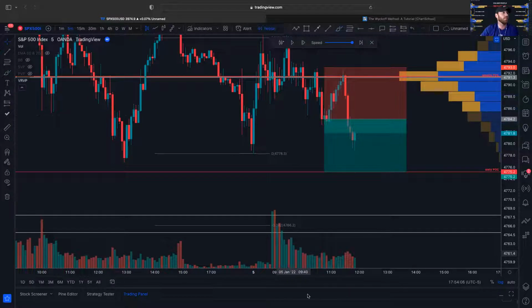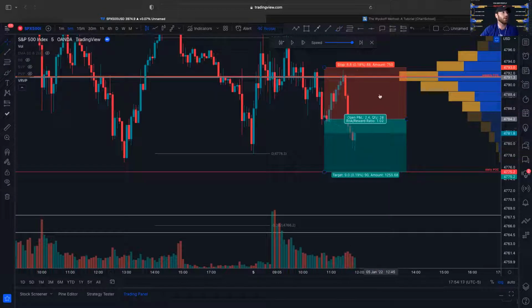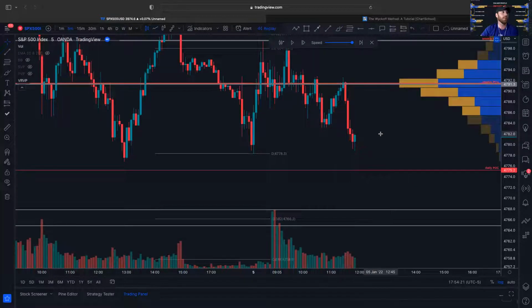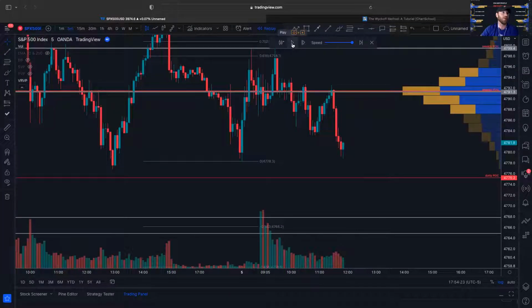It's relative, right? But now we get 1, 2, and then we get 2 rises right there. That's very good. So on a pullback, we can short again, or we're getting a little risky playing it bar by bar now, but let's go.